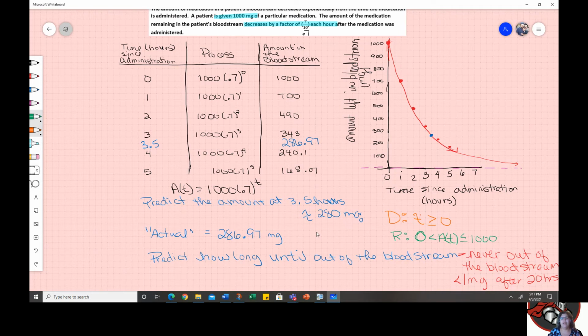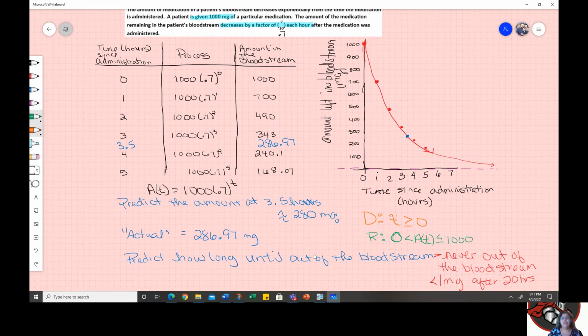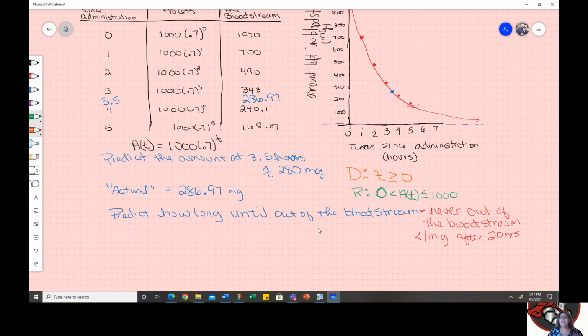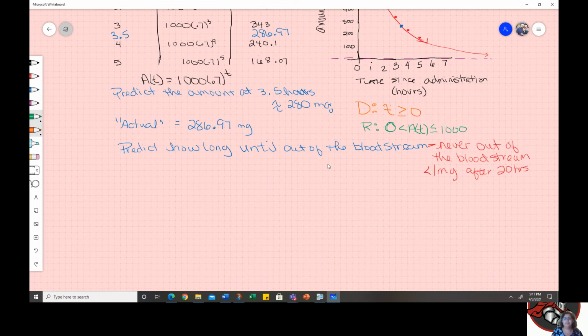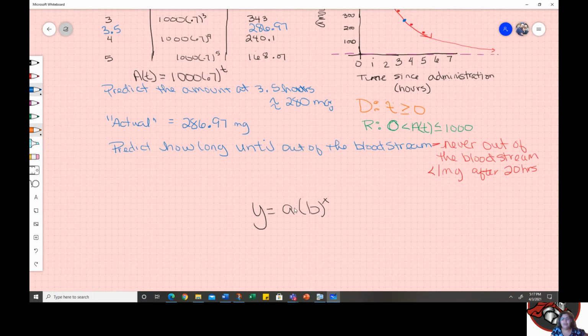All right. So just to tie this back to a general exponential function, in general, when we have exponential functions, y equals a times b to the x power, the a value is our initial start value. That is our y-intercept.